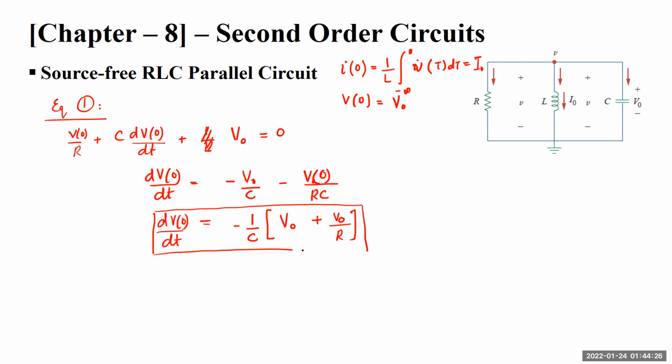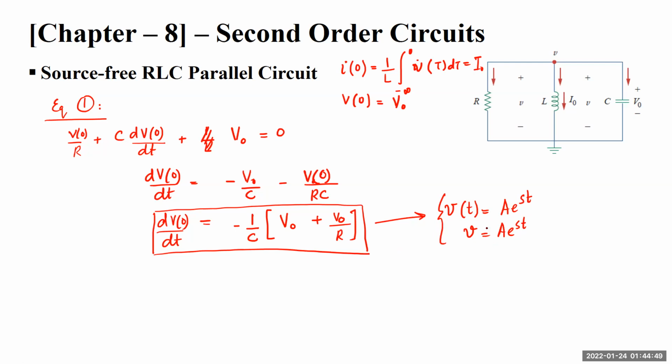From our previous lecture, we know that a first order differential equation of this kind has a general solution of the form A e to the power s t, or we can write it as V equals A e to the power s t.